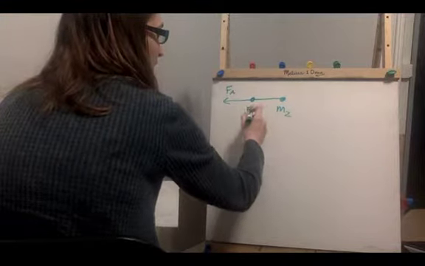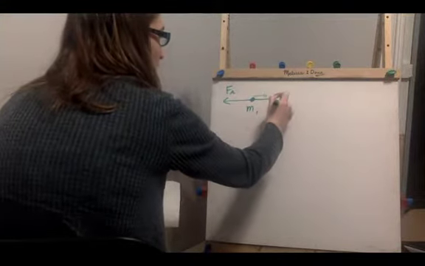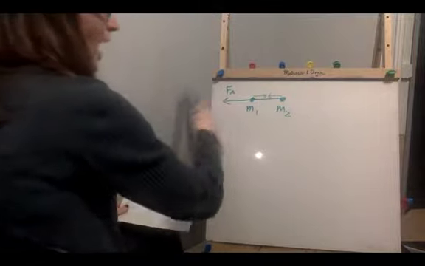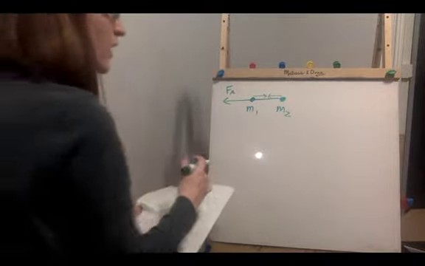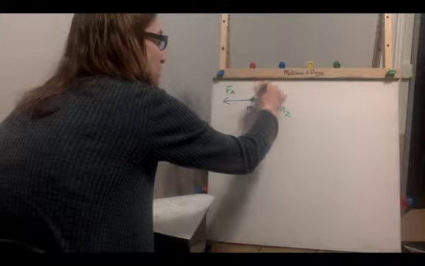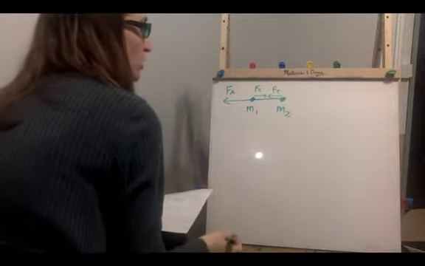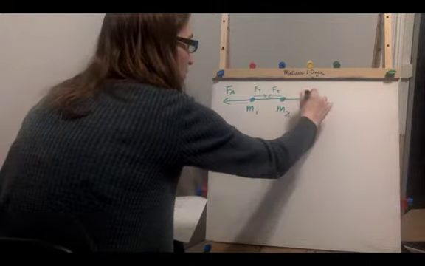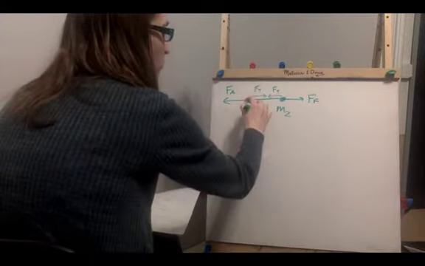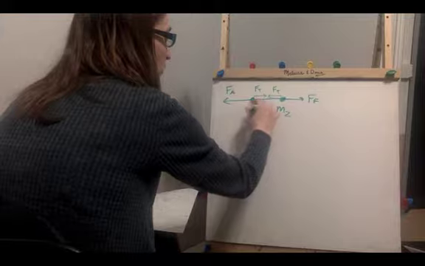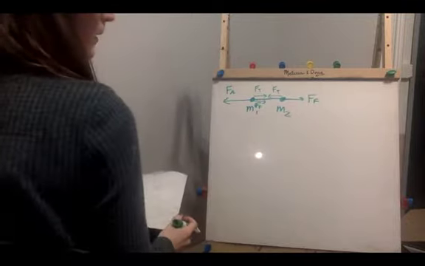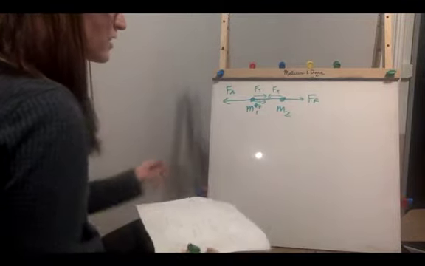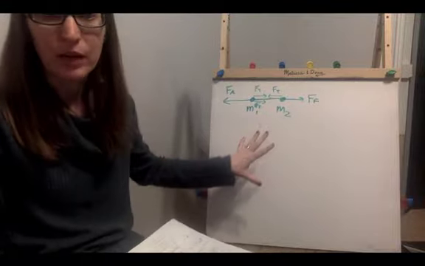Like I said, you've got tension pulling this way and tension pulling this way, and in the overall scheme of things, they are going to cancel out. So that's your force of tension, and that's your force of tension. But the other thing that's happening here is we've got force of friction pulling back here, as well as force of friction pulling back on this one as well. So that's what's all happening in that.